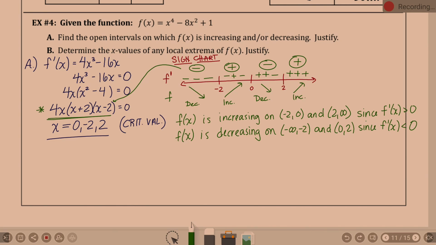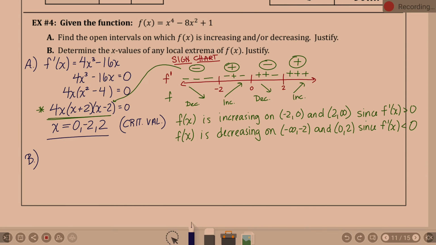Now officially we still have part B to do. Part B, we have the information, we just have to state our answers. Determine the x values of any local extrema of f of x. So what do we know about our various critical values? What kind of specific local extrema are they? Mins and maxes.